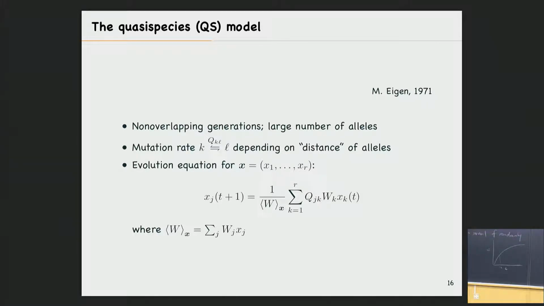These individuals of sequence K have a fitness W_K, so a single individual will produce W_K individuals with the same sequence.